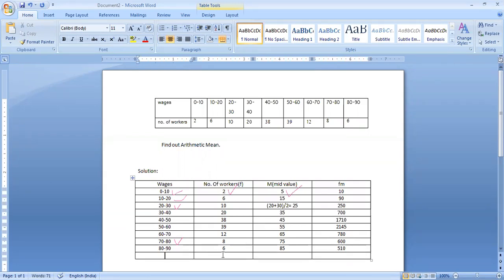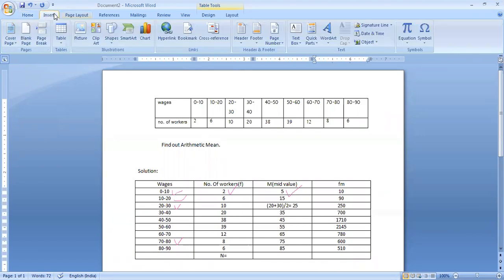You can ask me. See, now we require this value, the total. Total of this, how much? You please tell me. And similarly, here also, this is sigma FM. Sigma FM.